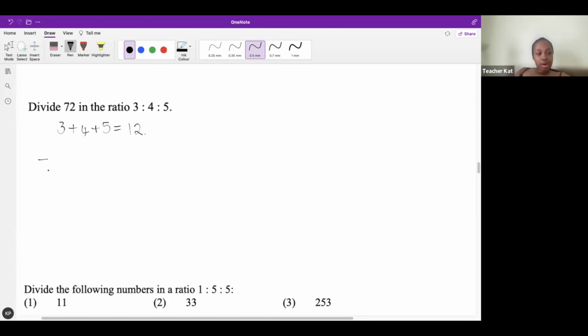Then method 1, we say 72 times. Person 1 is getting 3 out of 12. Person 2 is getting 4 out of 12. And person 3 is getting 5 out of 12. That means the first person is getting how much? 72 times 3 over 12.